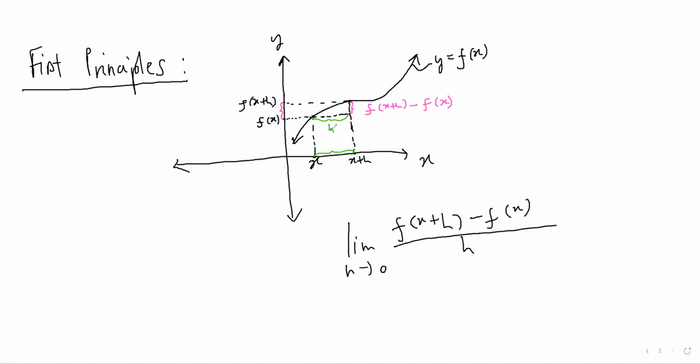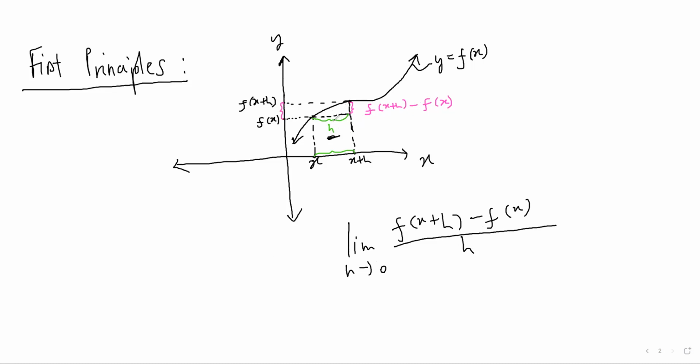Just imagine that this distance h is getting smaller and smaller. So everything is shrinking. If h is getting smaller, then f of x plus h minus f of x will also get smaller and smaller, approaching 0, but it never really gets to 0.